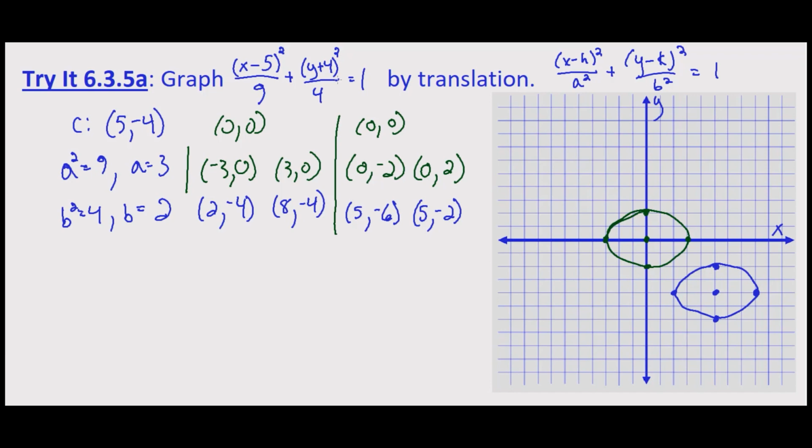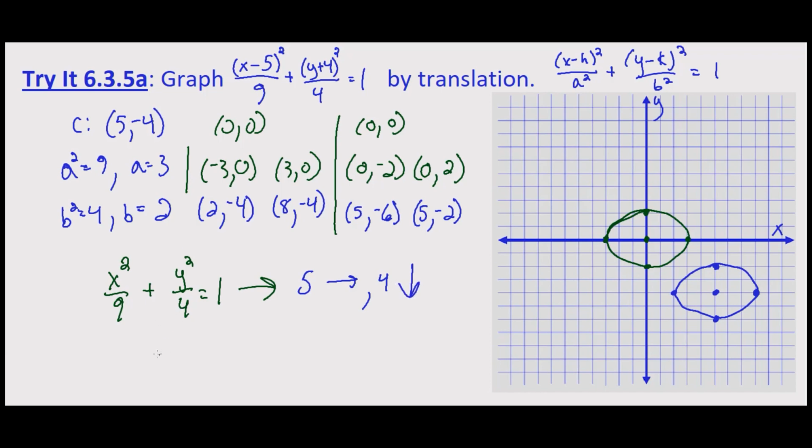We took our ellipse where a squared is 9 and b squared is 4, centered at the origin, and we moved it 5 to the right and 4 down in order to get the graph of (x minus 5) squared over 9 plus (y plus 4) squared over 4 equals 1. So essentially, again, what we did was we translated x squared over 9 plus y squared over 4 equals 1 five units to the right and 4 units down.